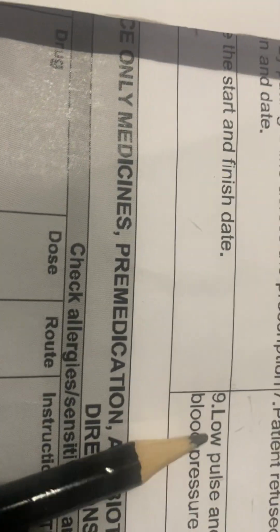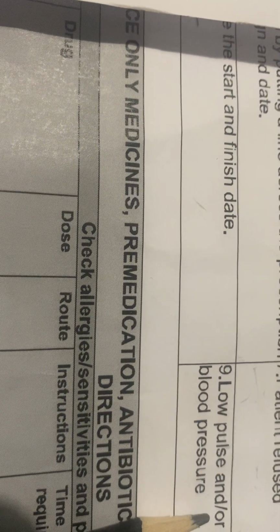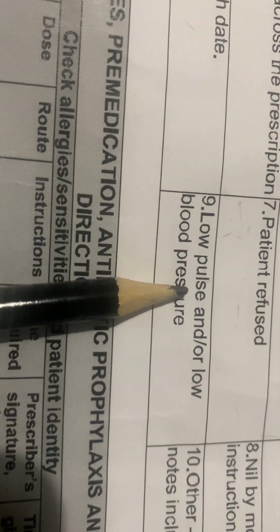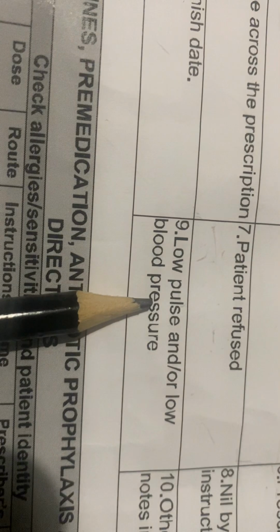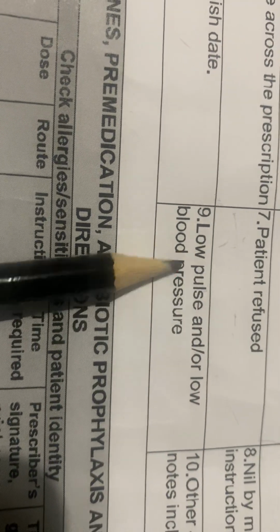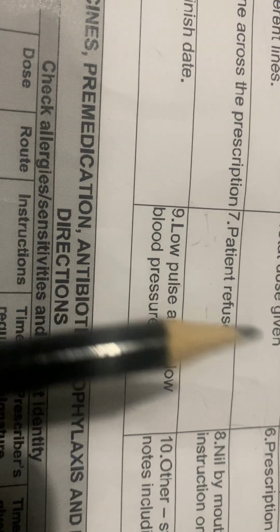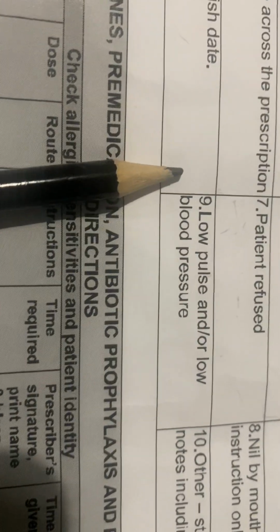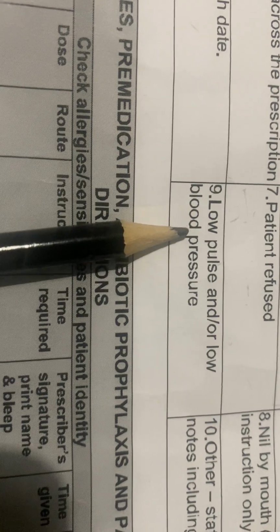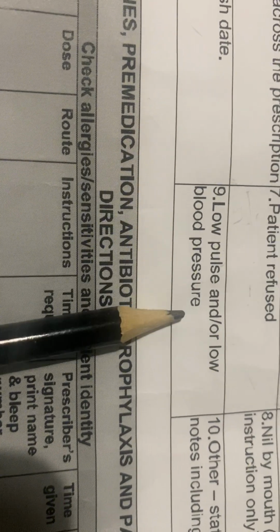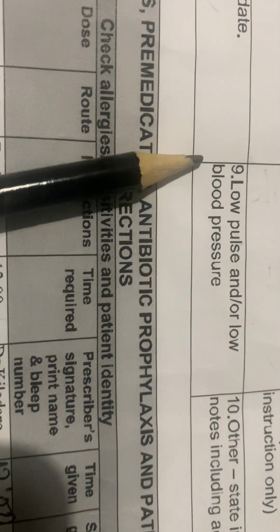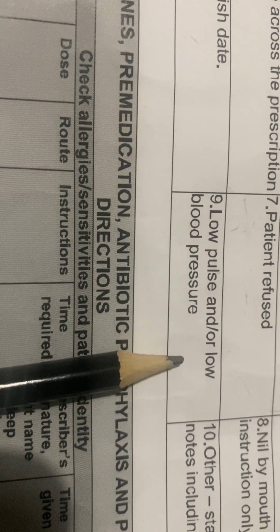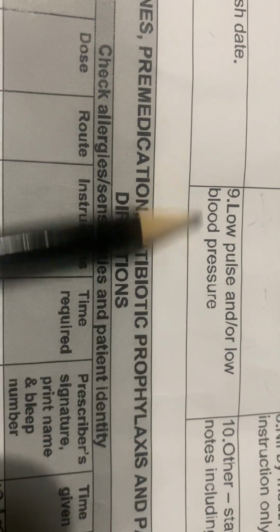Here. Pulse low and or low blood pressure. When there is low pulse and or low blood pressure. This is one of the reasons, very important. Guys, this is a fail if you didn't do it correctly. When you are administering blood pressure medication, let me see, amlodipine, lisinopril, what else? There are so many of them.